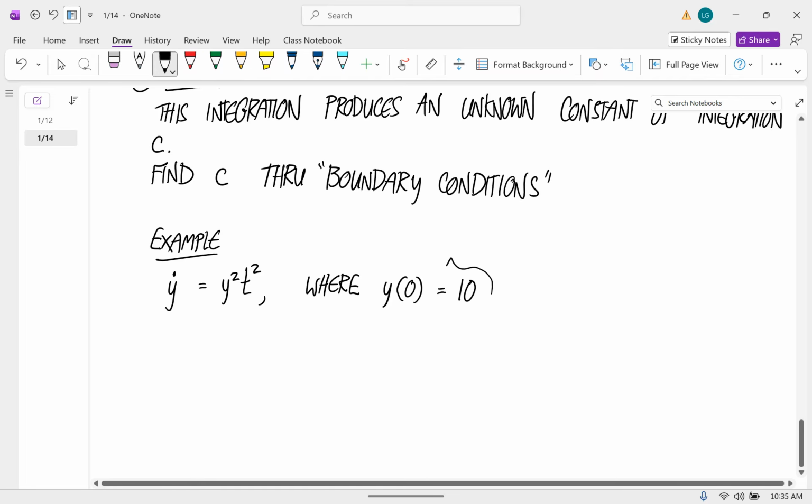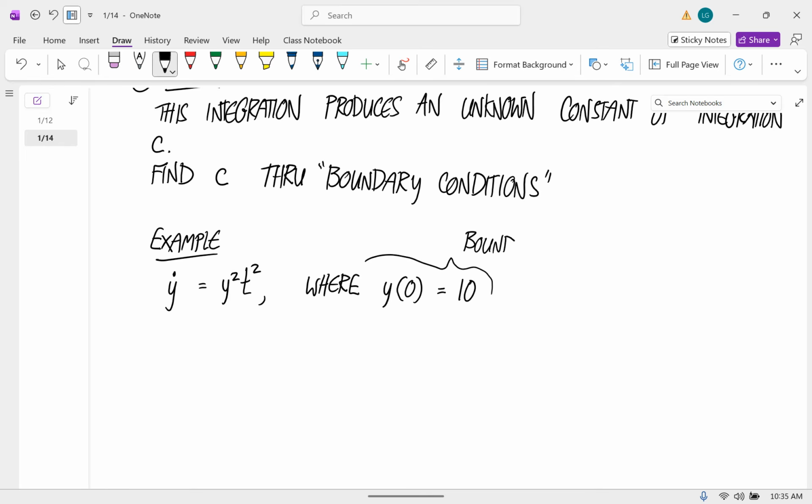So this is our boundary condition. This y dot, the definition of that is dy dt.